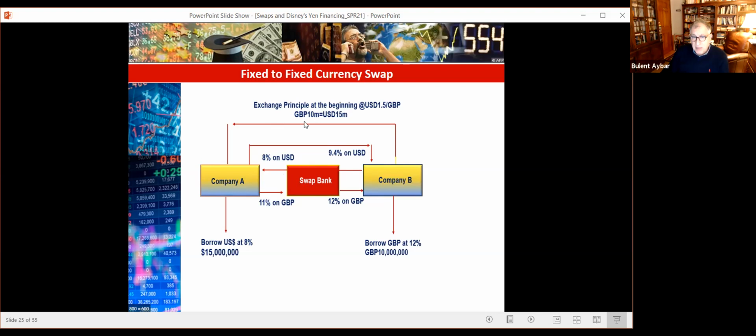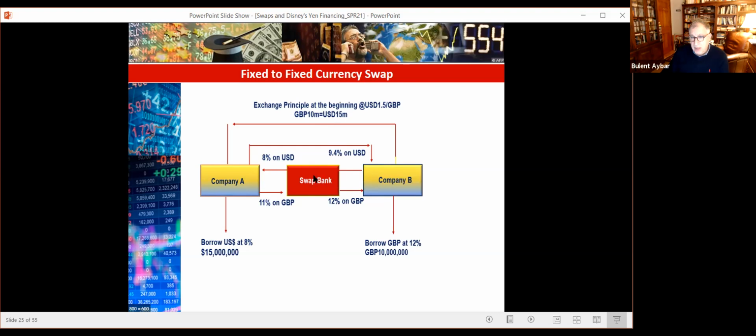And on that 10 million pounds, it is going to make an 11% payment to the swap dealer. Company B borrows 10 million pounds at 12%, takes the principal, passes it to the swap bank and receives 15 million in exchange.